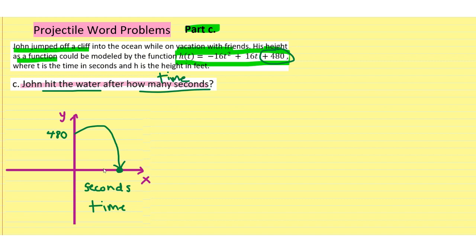So how do we find out points on the x-axis when it has to do with a parabola or a quadratic? Because that's exactly what this is. This h of t is equal to this. We know that when it says negative 16t squared, t squared is very informative to us, right?